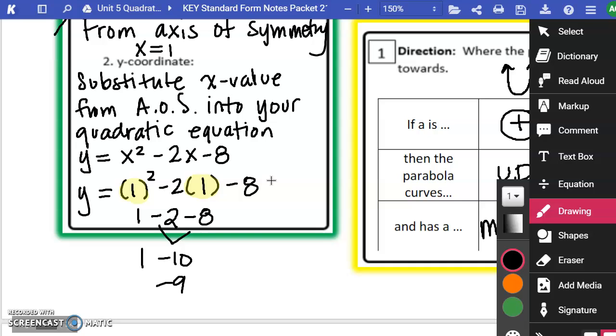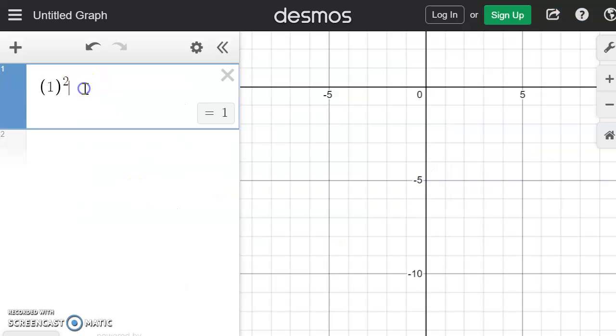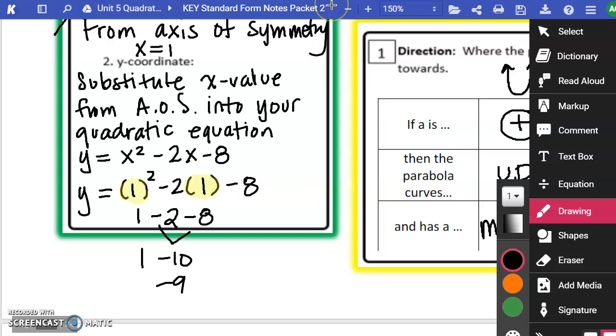So I believe this to be negative 9, but I'm also going to double check my work on a calculator by typing in 1 squared minus 2 times 1 minus 8, making sure I don't forget any of the parentheses that I've written. If you're using your calculator, remember at this point, this is minus 2, not negative 2. So that's the button that's to the right, that's not in parentheses. And I'm also getting negative 9 here, so I'm happy with that.